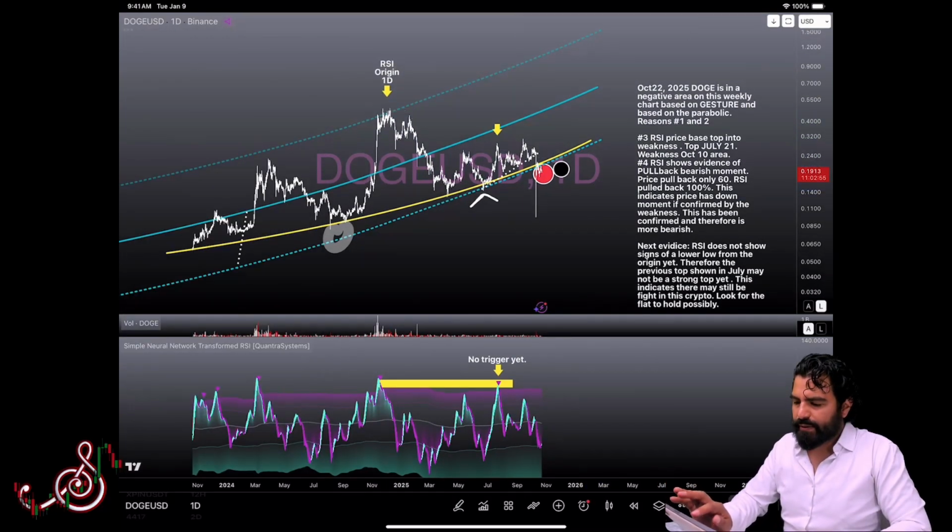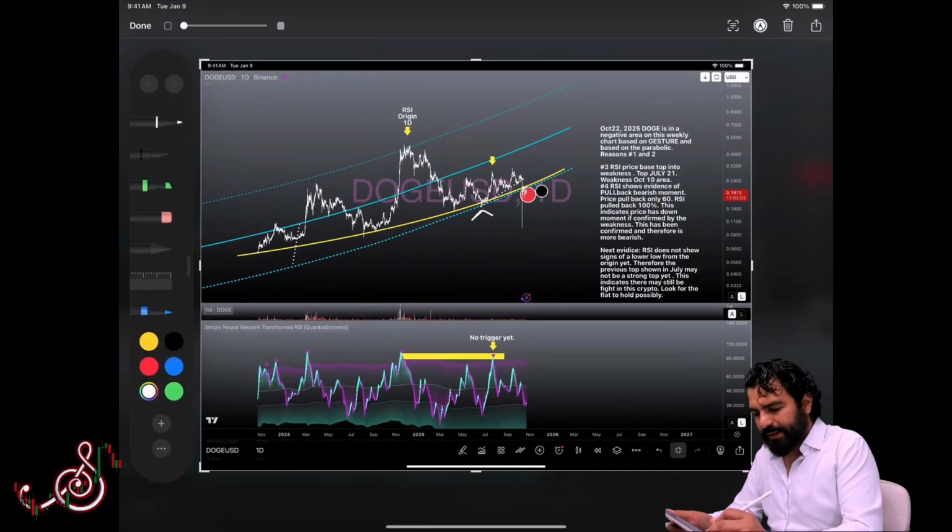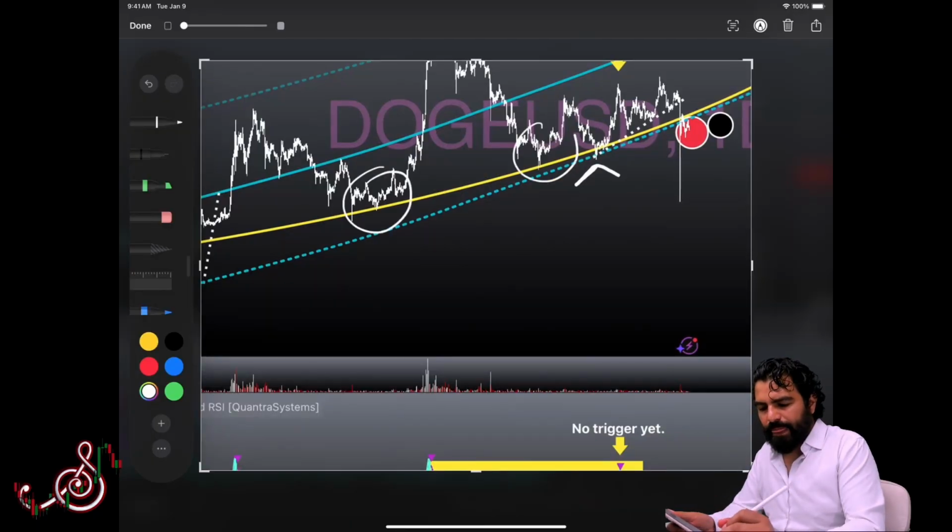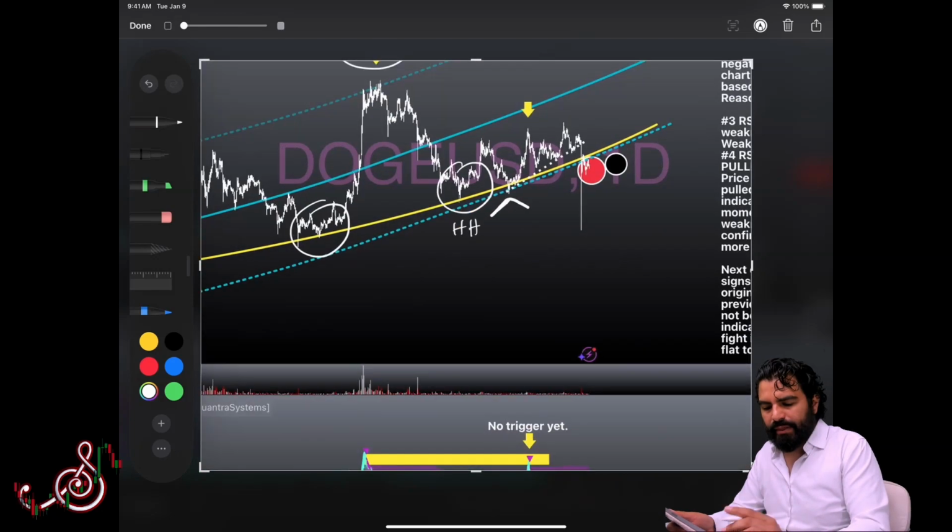I'll draw it again. We're being honest with our cryptos. Okay, so here's our origin, there's our bottom, but we make a higher high. Okay, that's not what we're looking for.